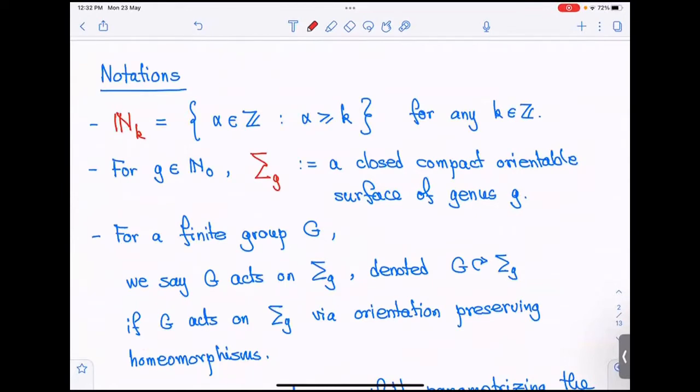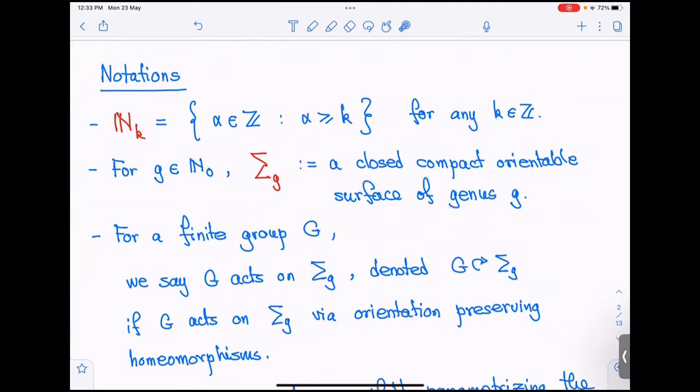We take N sub k to be the set of all integers which are at least k, and k could be any arbitrary integer as well, doesn't matter. And this notation, sigma little g, would always denote a closed compact orientable surface of genus g.